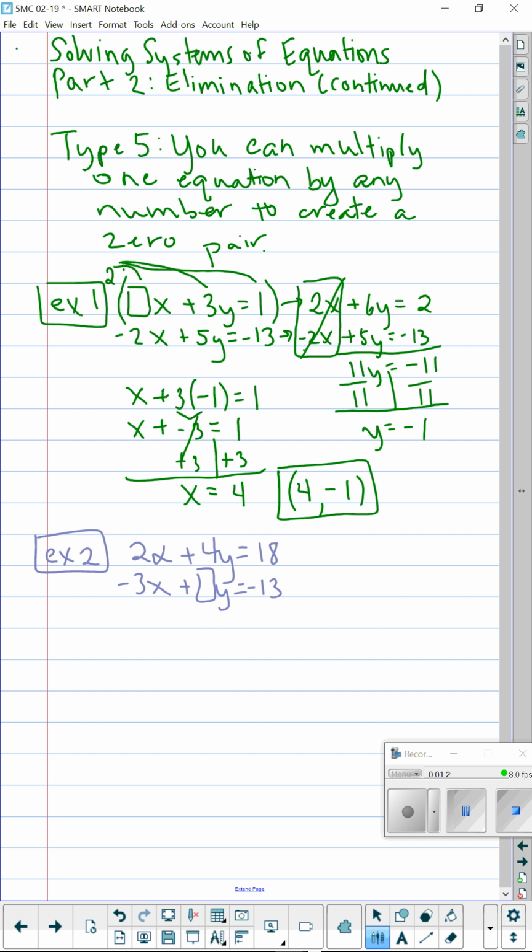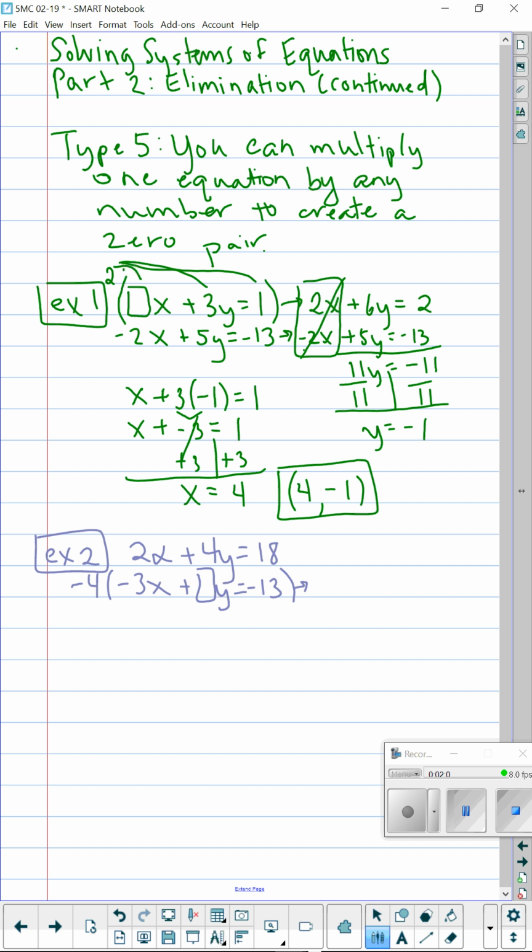All I need to do is think about what number would need to be in that space in order for it to cancel out with the y in the first equation. So since that's a positive 4, then hopefully you're thinking that we should take this second equation and multiply it by a negative 4. It's important that you make that 4 negative, because if we leave it positive, then that's not a zero pair, and that's not helpful.